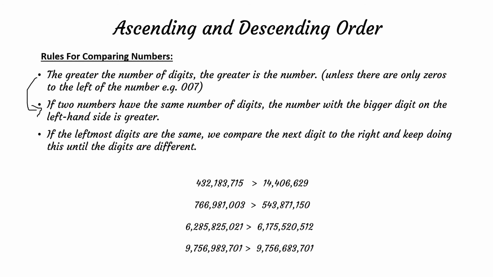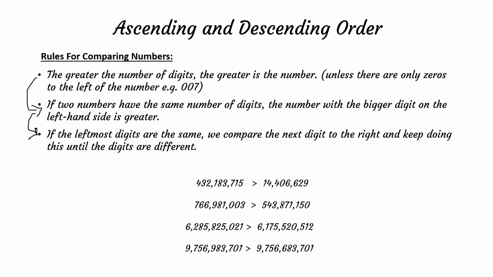But what if the digit is also equal in both numbers? Then we come to this rule. If the leftmost digits are the same, we compare the next digit to the right and keep doing this until the digits are different. So we compare each digit starting from the left side. Let's look at these examples, then we will understand.